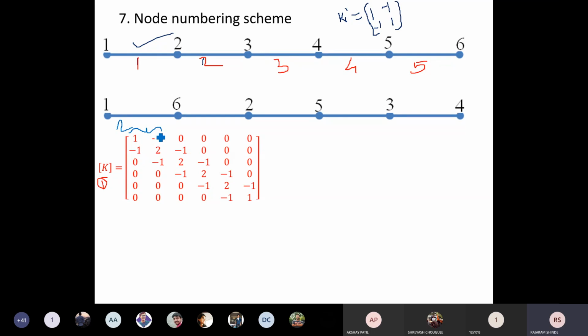Okay, now what happens in softwares, or in some softwares, there is a provision of solving the problems by using only the non-zero elements in the bandwidth of the matrix. That means these softwares are storing only elements in this area, these non-zero elements. Okay, these non-zero elements.